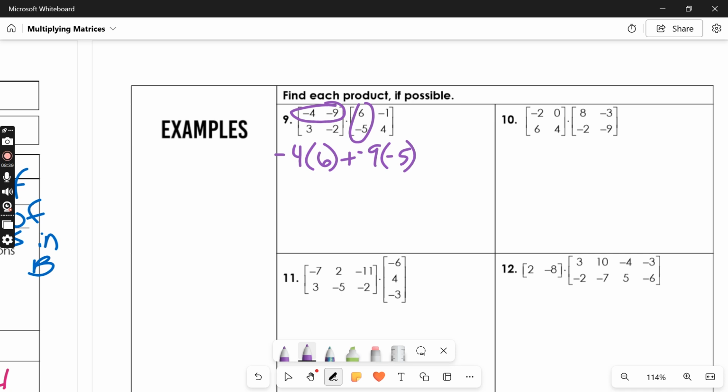Okay, so that's going to be my first element. And then I'm going to have -4 times -1 plus -9 times 4.